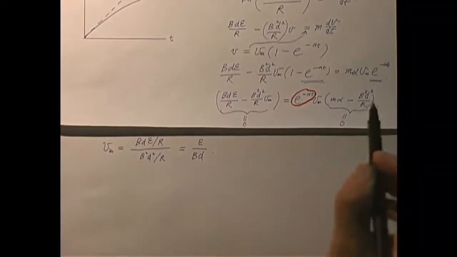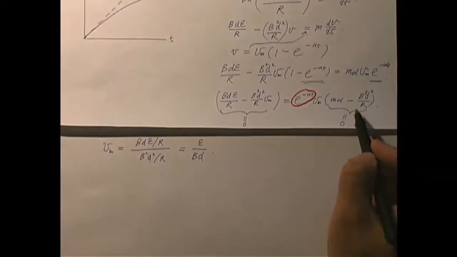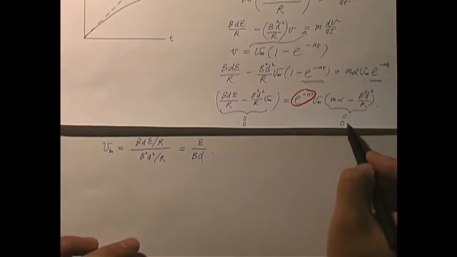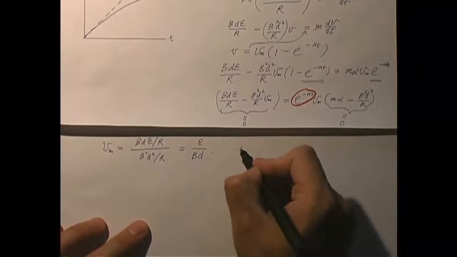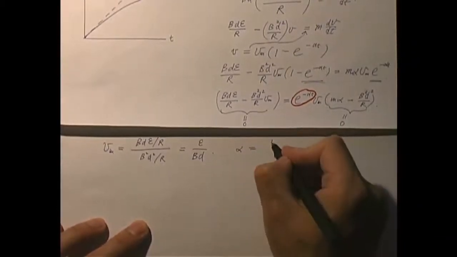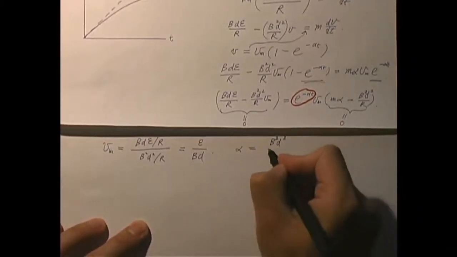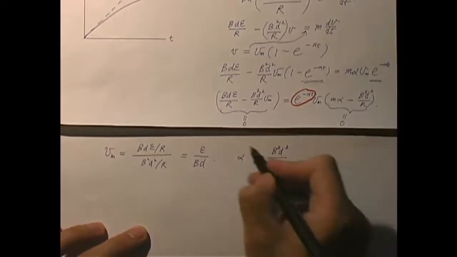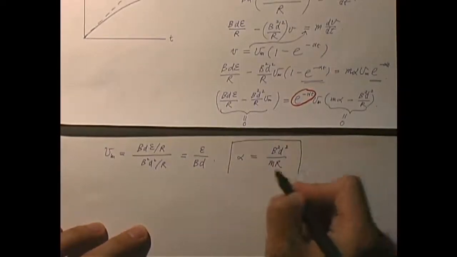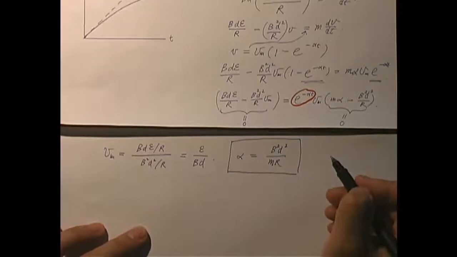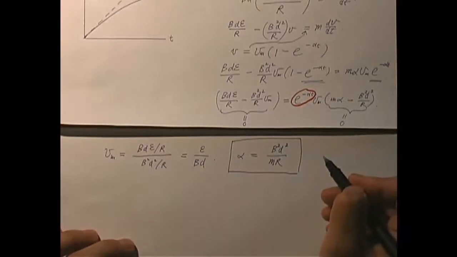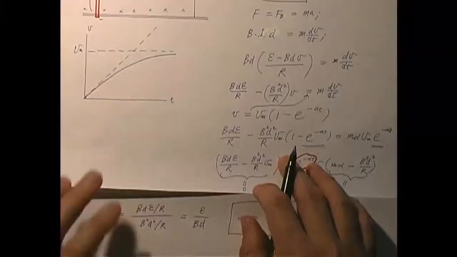Okay, and the second one is to find alpha. Then you get it from this formula. You set this side to be 0, so you get alpha equal to what? B squared d squared over m r. That is alpha. So the complete solution, the speed v as a function of time, looks like this, but I can write it down now.